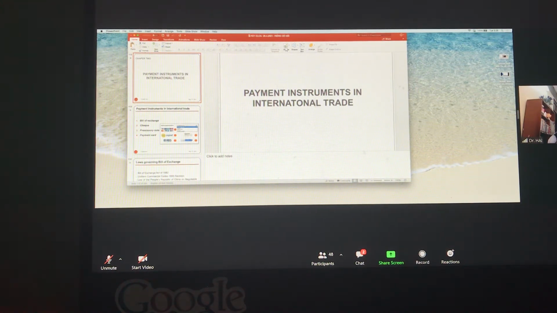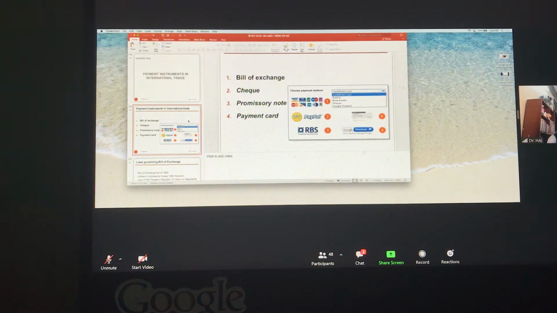Actually, there are many different types of payment instrument. Look at the slide, we have at least 4 instruments. Bill of exchange, in Vietnamese, hối phiếu. Number 2 is check.